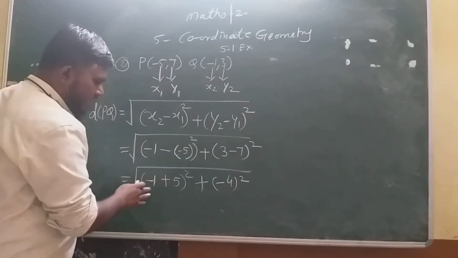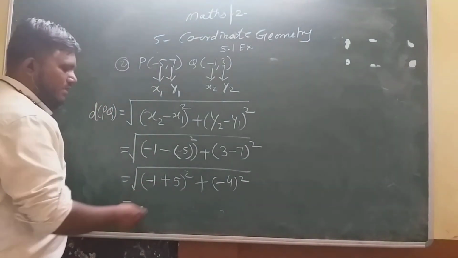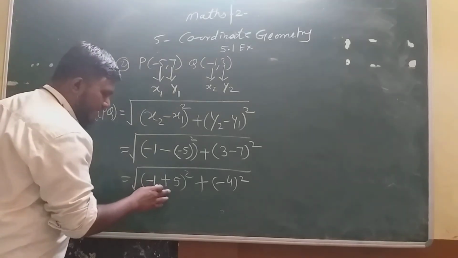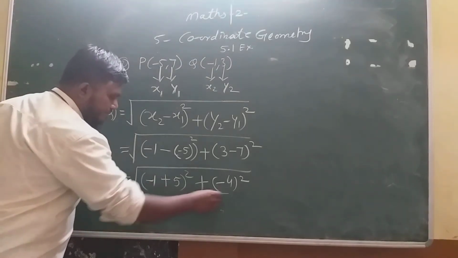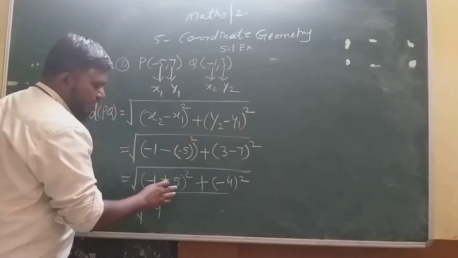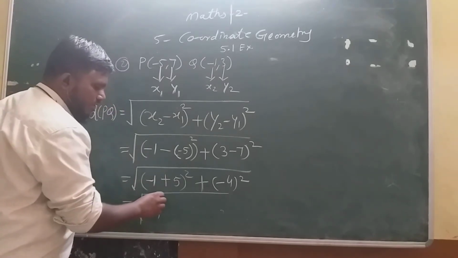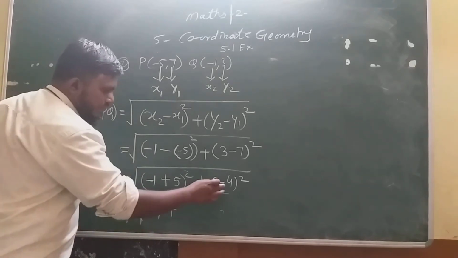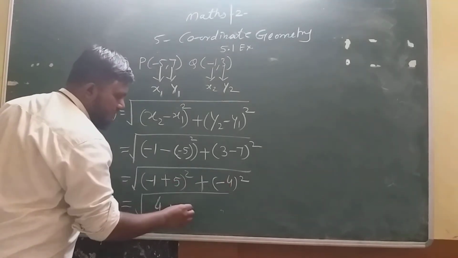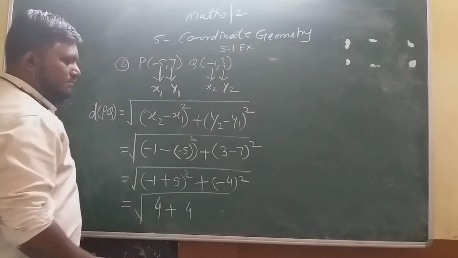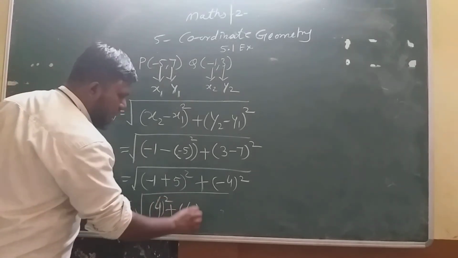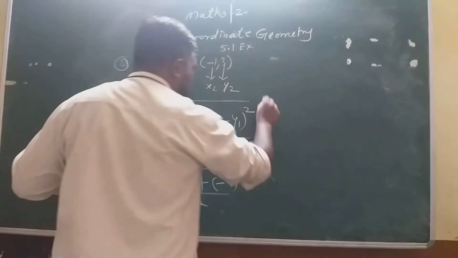Now this minus 1 plus 5, 4, greater number is having plus sign, so plus 4 square plus minus 4 square.